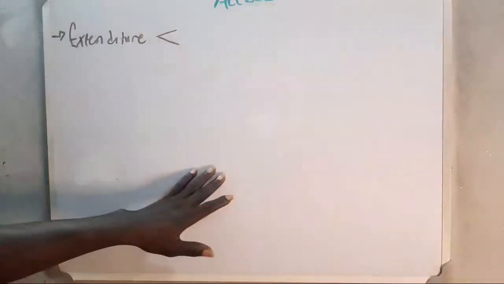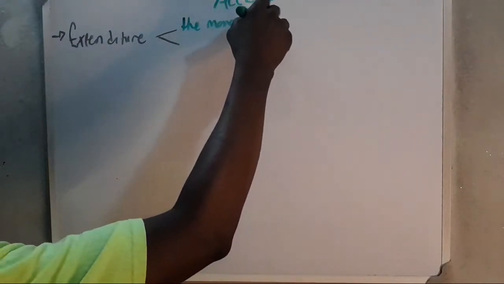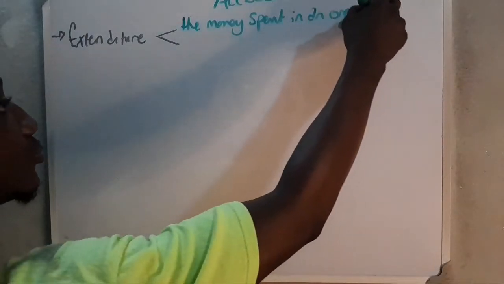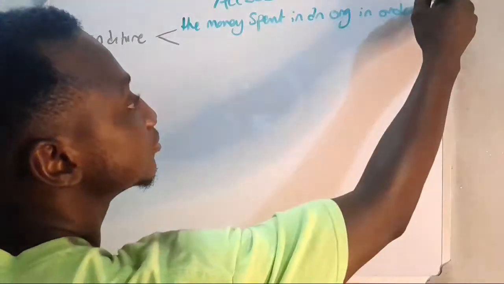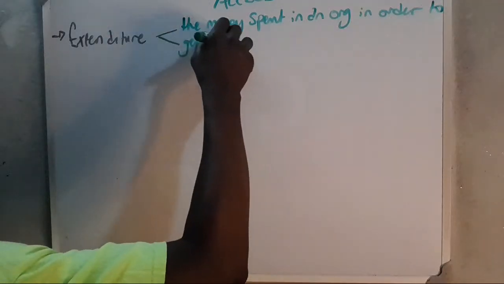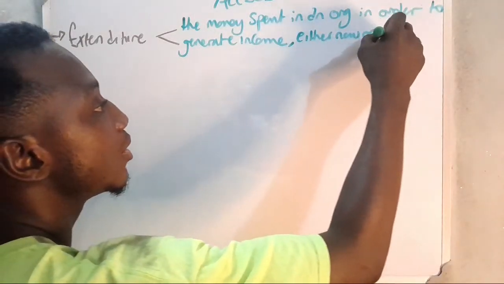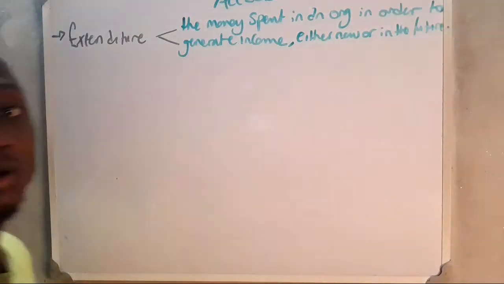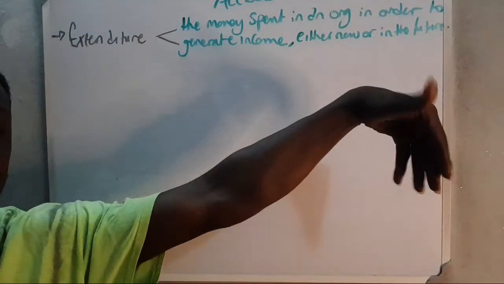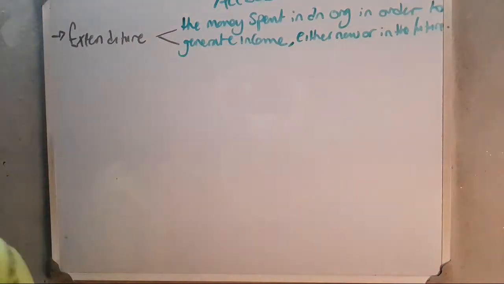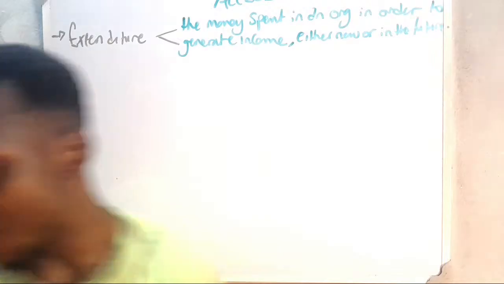So according to the standard of an organization, expenditure is seen as the money spent in an organization in order to generate income, either presently or in the nearest future.